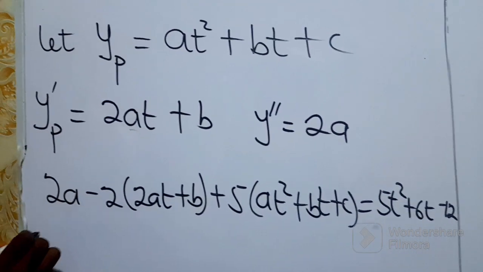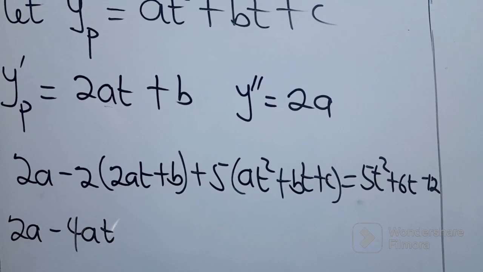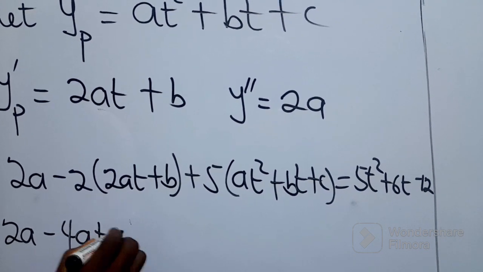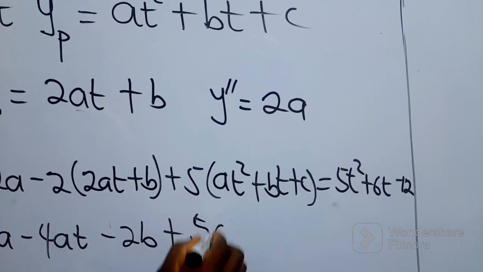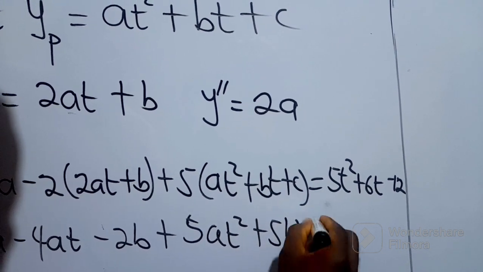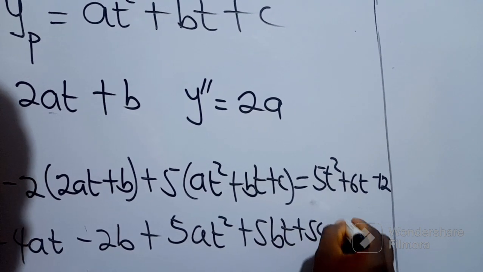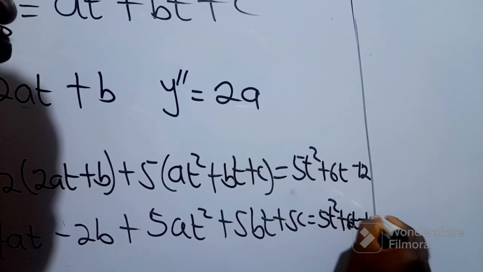So we expand and get 2a minus 4at minus 2b plus 5at squared plus 5bt plus 5c, and this equals 5t squared plus 6t minus 12.